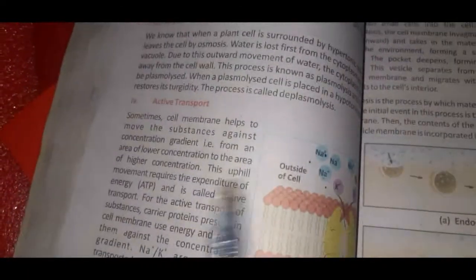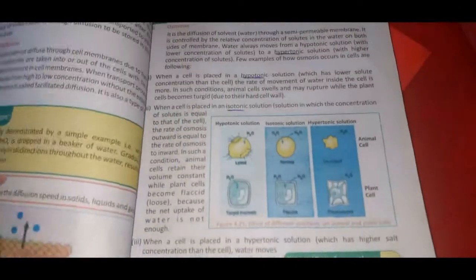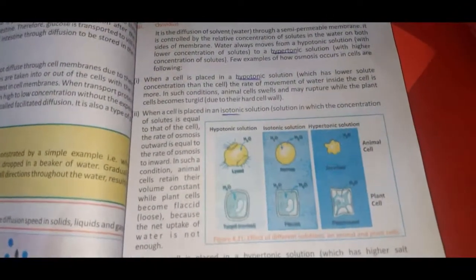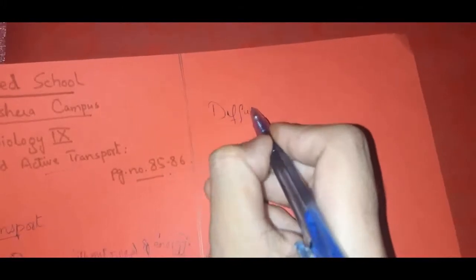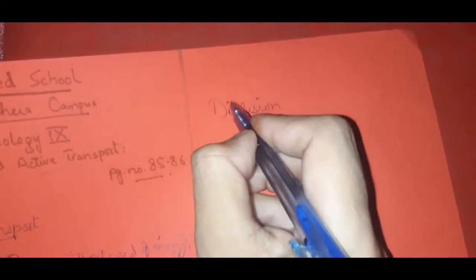Now coming towards your other topic, and that is osmosis. Alright, if you remember, in our last lesson we talked about diffusion, right? And we said diffusion doesn't require any energy.